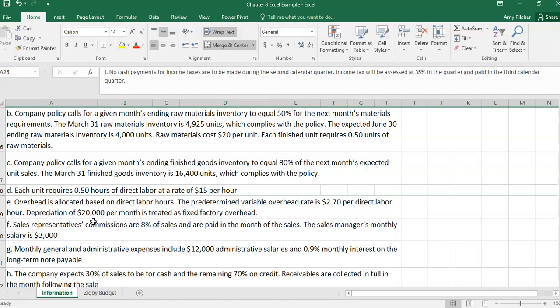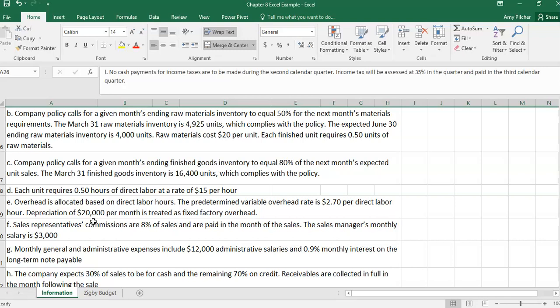And why it's important to know that is because if you remember from Principles of Accounting 1, when we looked at the statement of cash flows, we have to remove depreciation from our cash flows information because depreciation is a non-cash expense. What depreciation shows is usage of our resources, and it's not a cash expense.